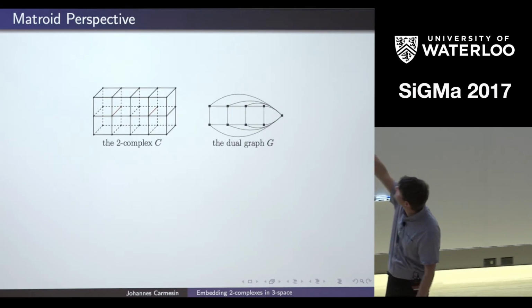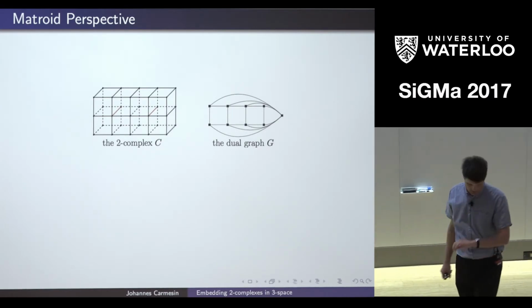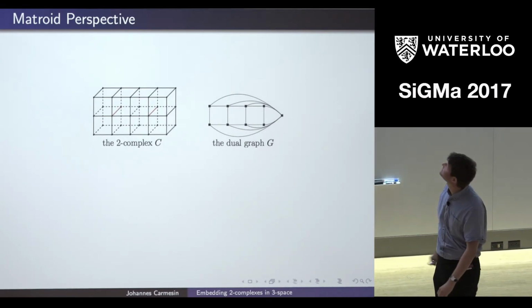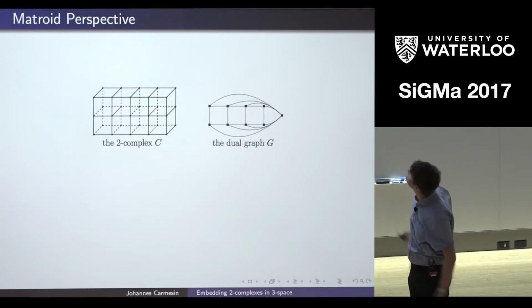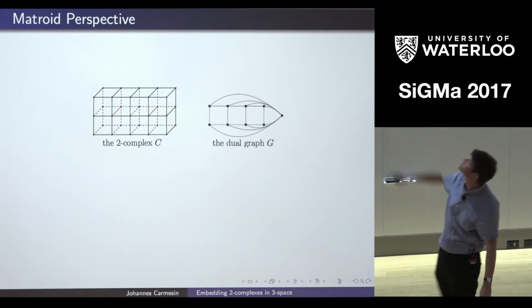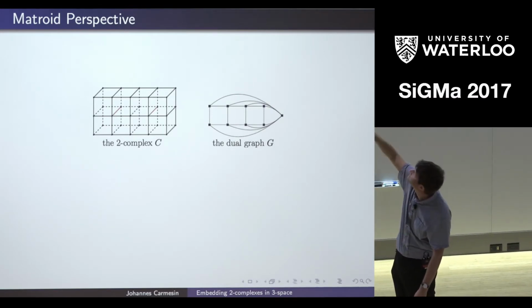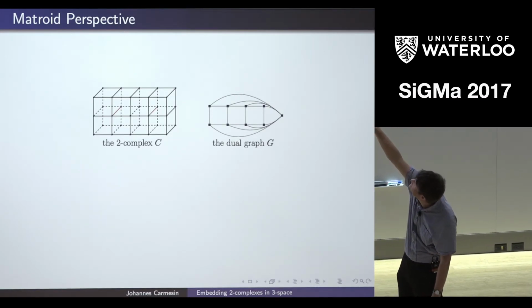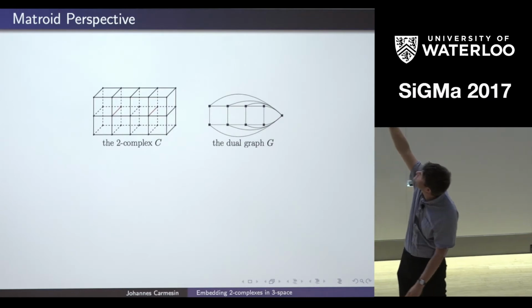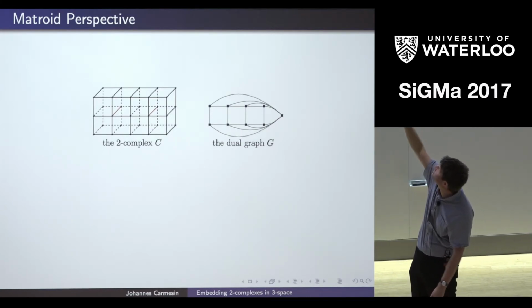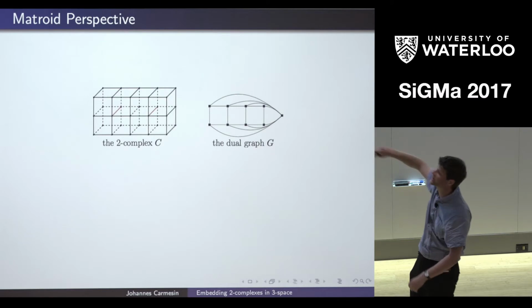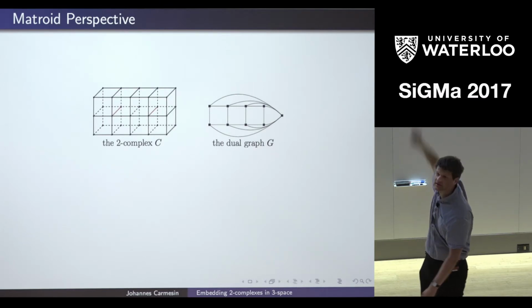Right, so if we take the two complex before we identified the two red edges, then this is the dual graph of the embedding I just drew. You have the 8 components in the middle, which correspond to the 8 cubes, and then you have one component on the outside, which is the vertex on the very right.